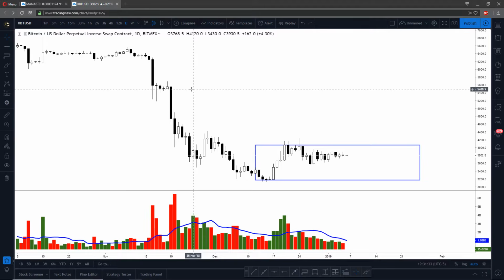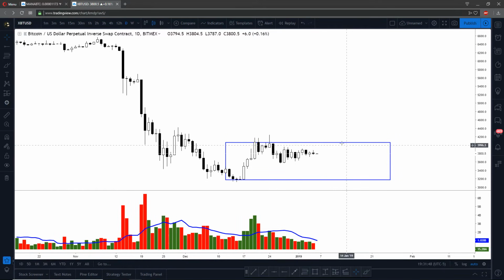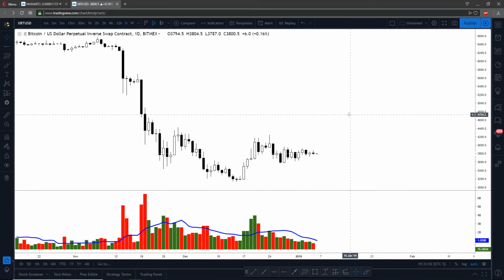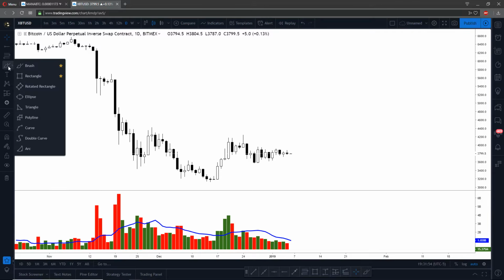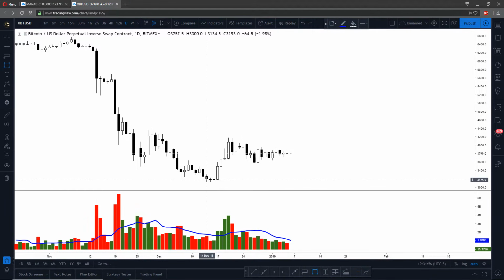Is it respecting the wicks or is it respecting the bodies? Whichever one it's respecting, that's what you want to use. You should do that in everything. But this is actually a good example I can use for the future. You guys can also draw this on your charts and see if it plays out.